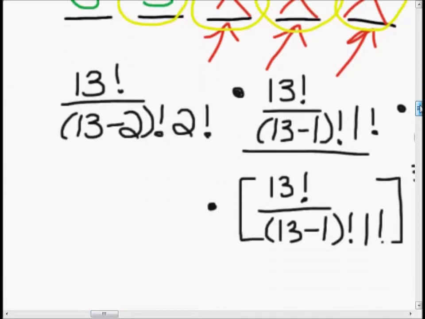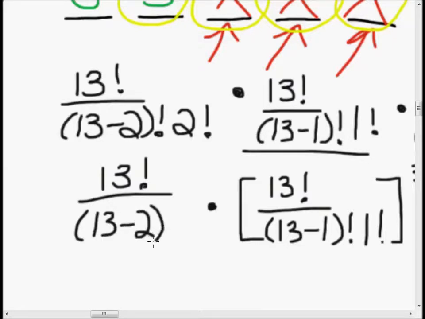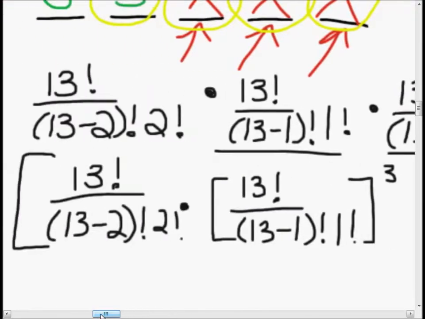And then we have 13, so this is we've chosen 2 spades, so 13 minus 2 factorial. And what would happen if we wanted this to be applicable for, what if we chose 2 hearts? Well, again I'm going to use brackets, we can multiply this whole big thing by 4.